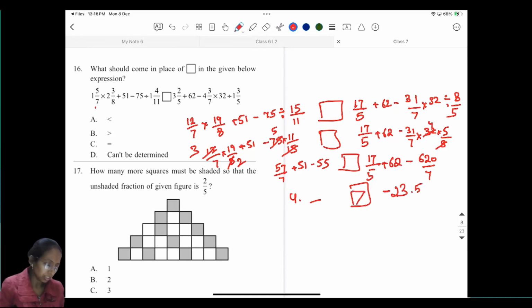So obviously the LHS part is greater than, that is B option.